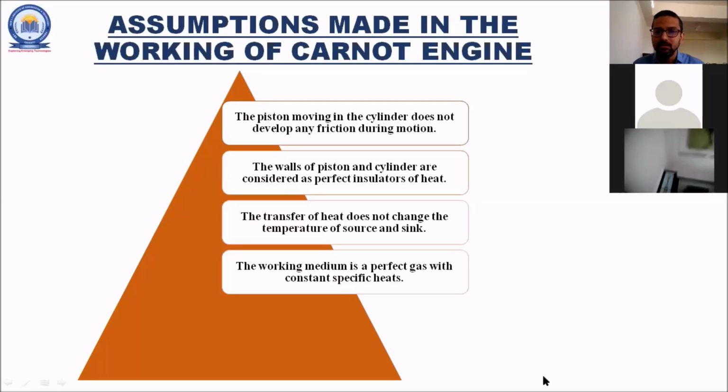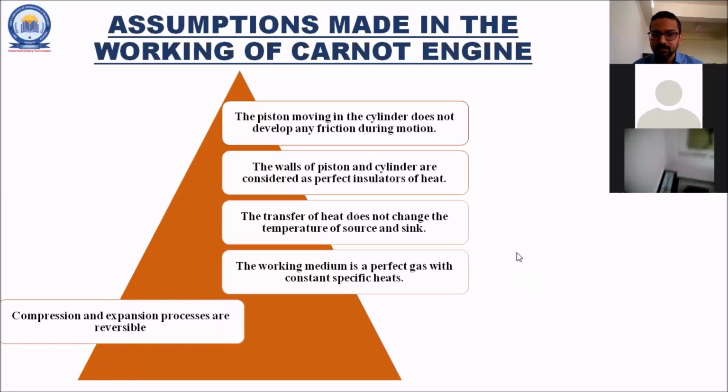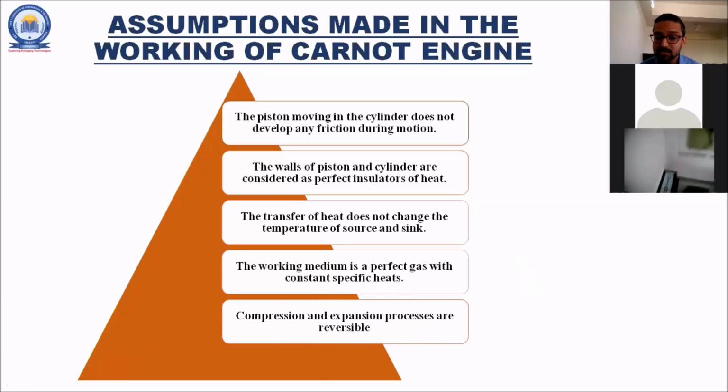Kindly share your responses so that I can proceed further with the discussion. Okay, fine. So now let us proceed with the next assumption. The compression and the expansion processes are reversible processes. Dear students, from the technical perspective, compression and expansion are totally different processes.